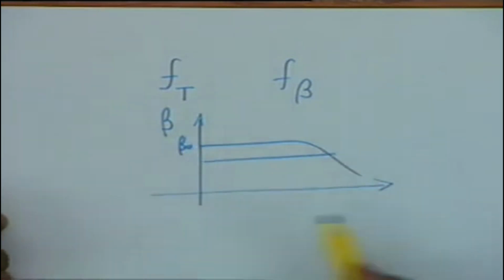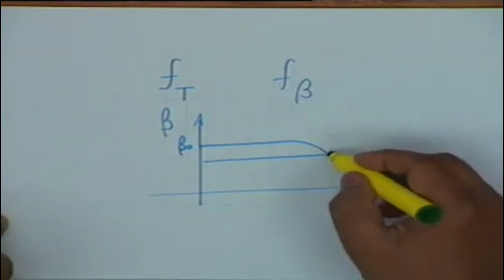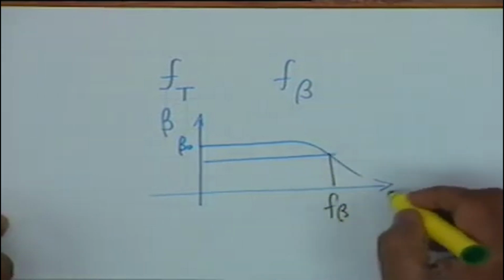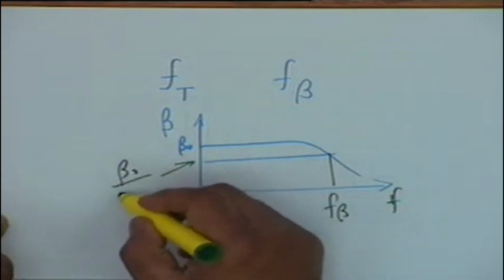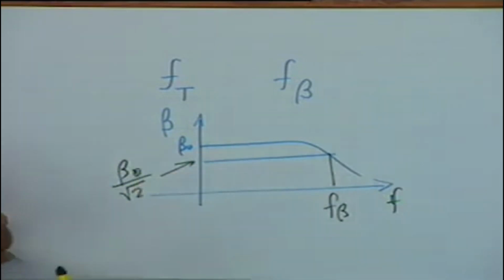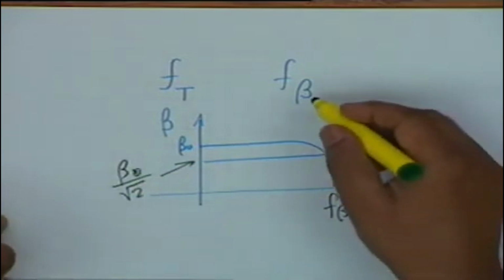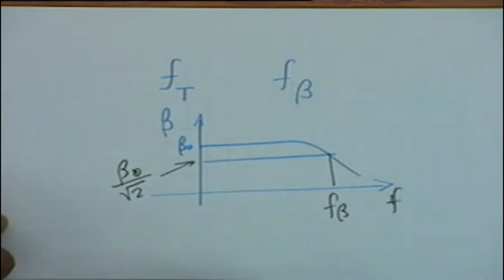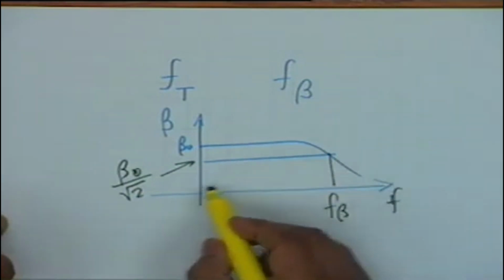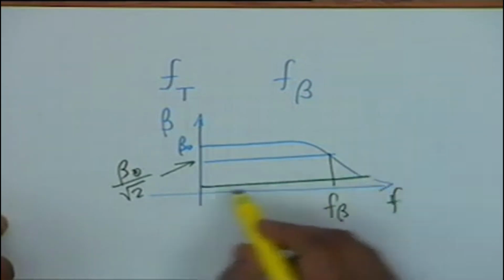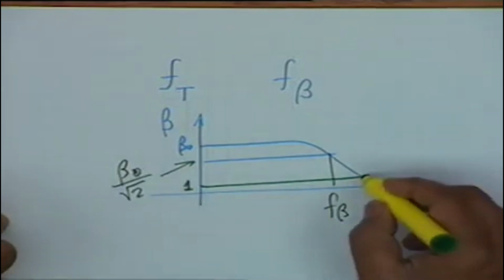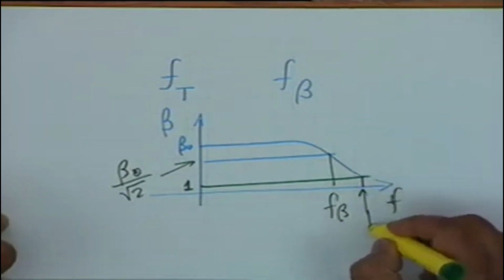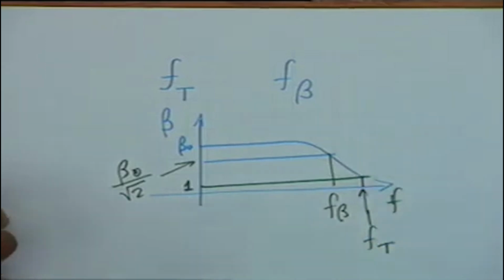Beta is a constant at beta 0, and then at some frequency f_beta, the value becomes beta 0 by root 2. And this is called the beta cutoff frequency, and the frequency at which the value of beta becomes equal to 1 is the so-called transition frequency, or f_t.